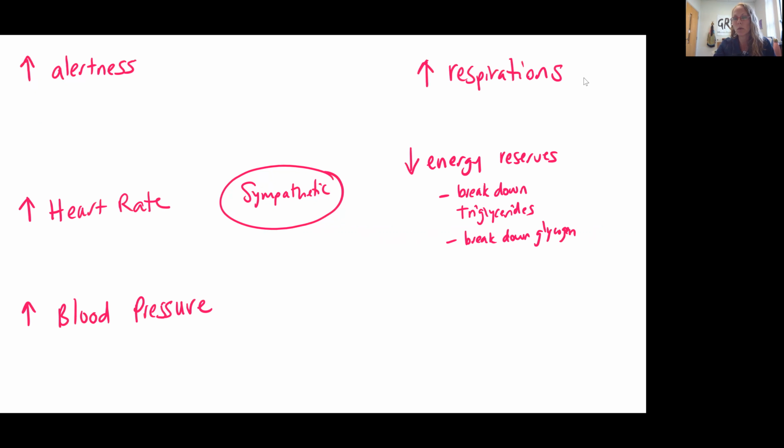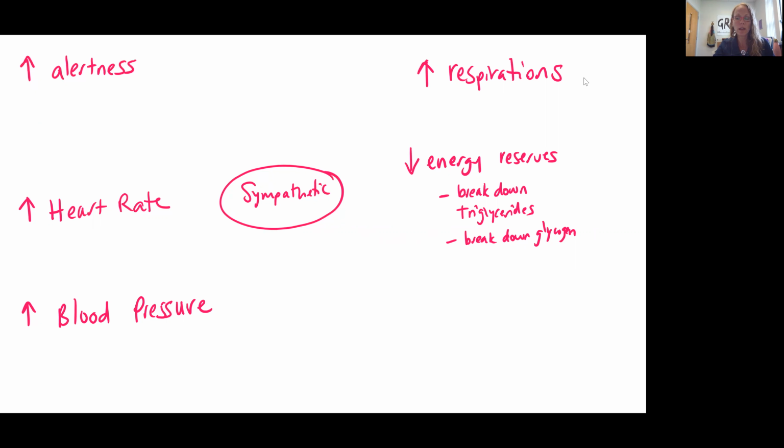If we're mobilizing it, we're breaking down the triglycerides to release fatty acids into the bloodstream. So we're getting rid of those reserves. And then also we're going to break down the polysaccharide glycogen in our liver cells and convert that into glucose.